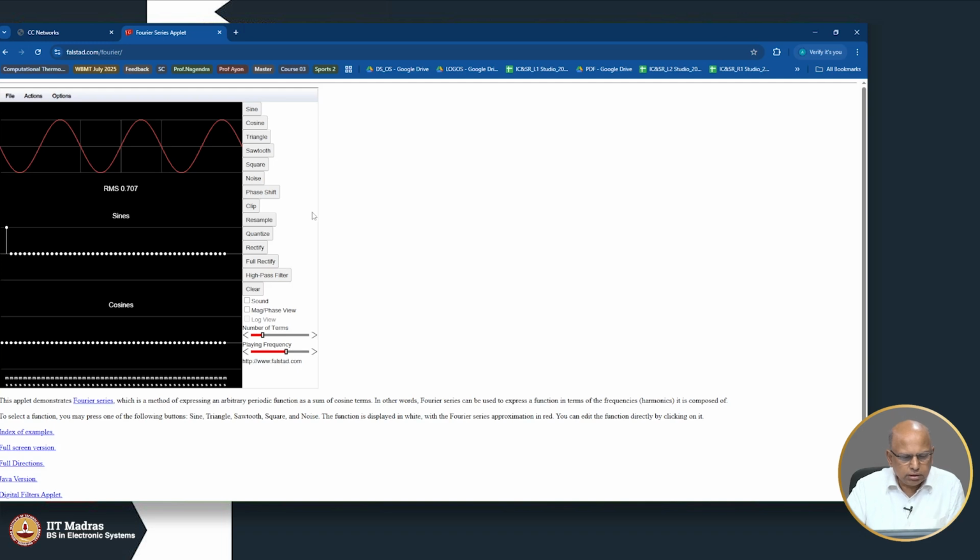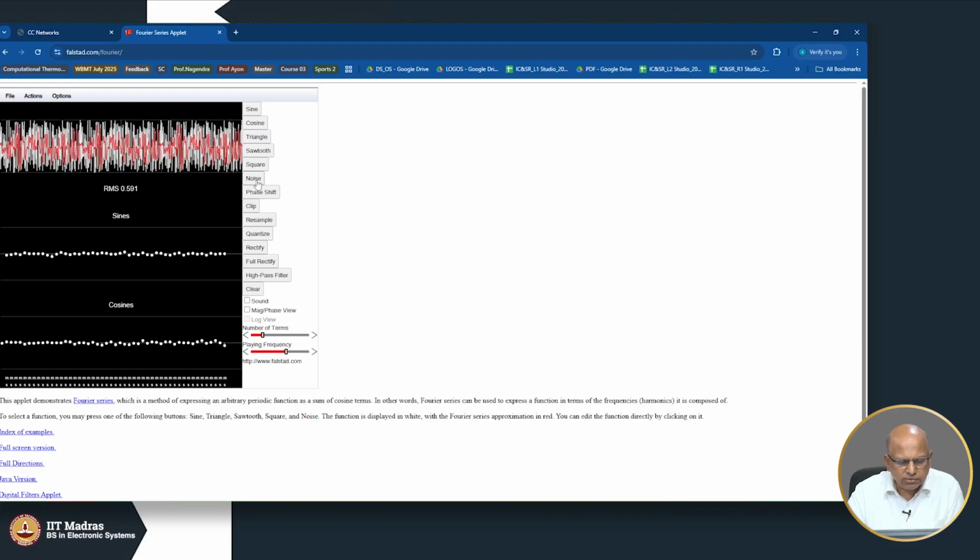I found a nice website where this Fourier analysis can be understood nicely, right. So, this is the website falstart.com Fourier, right. So, I hope you can see what I have. There are several waveforms that you can bring up. You can bring up a sine waveform, cosine waveform, triangular waveform, sawtooth, square, right, noise waveform, right.